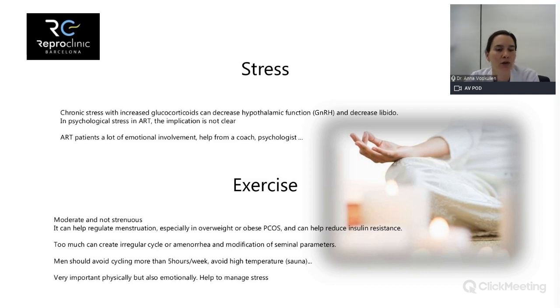And also know that if it's too much or too strenuous, it can create irregular cycles or amenorrhea. Amenorrhea is the lack of menses, and it can also modify some seminal parameters. Okay, so it's good to be moderate and be active when you're trying to conceive, naturally or with assisted reproductive techniques.